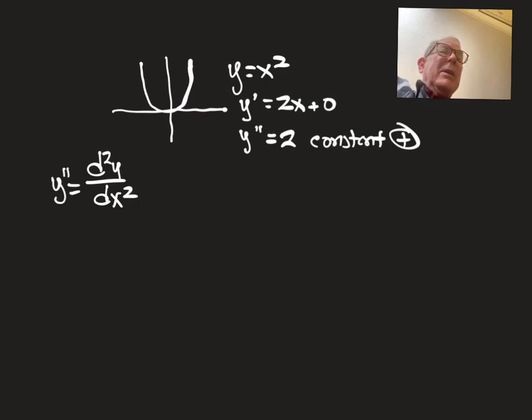In a parabola, that's a positive parabola, right? Y equals plus x squared is always greater than 0. Therefore, it's concave up, right?